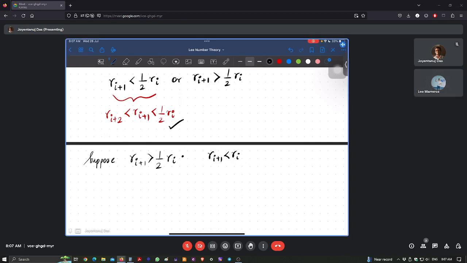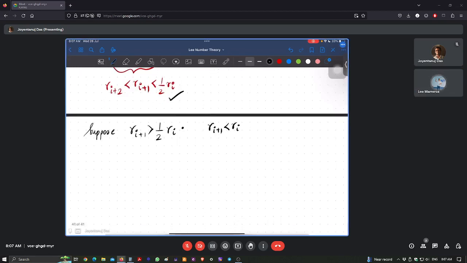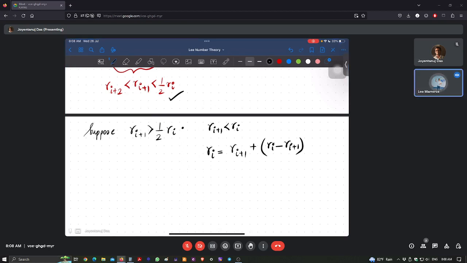Then, when I divide Ri by Ri plus 1, I can write this as Ri plus 1 plus Ri minus Ri plus 1. So this is my remainder. This I can do, right? Wait, this is your remainder.